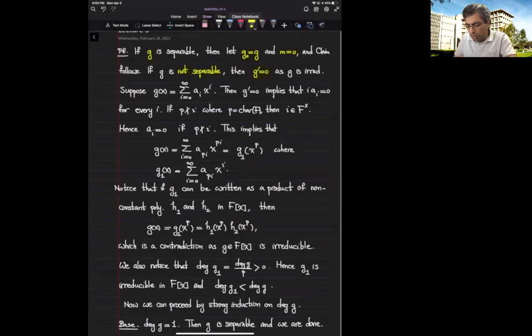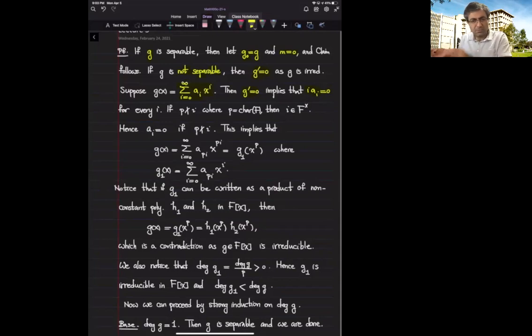So if I call the coefficients of g a sub i, so if g is the summation of a sub i x to the i, then g prime is the summation of i a sub i x to the power i minus 1. So that means that i a sub i is 0 for every i.